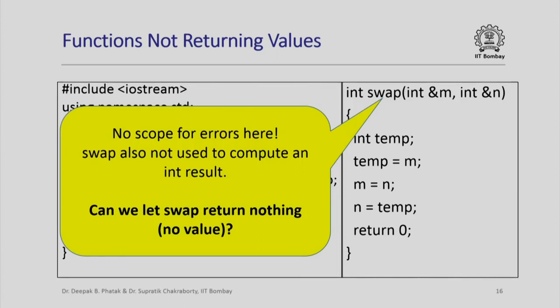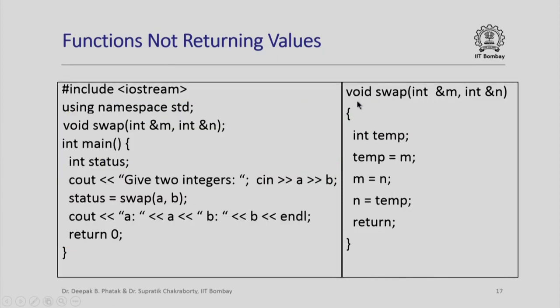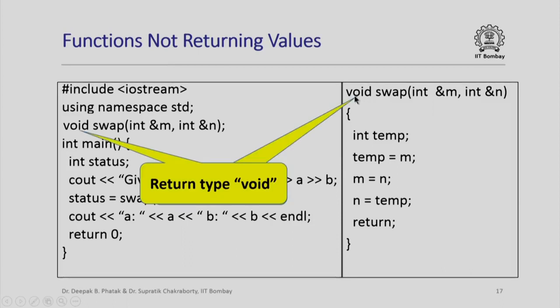Now this is different from the functions we have seen so far. So far all our functions returned some value and had a type, but now we see that really we can have functions for which a return value does not make sense, and in fact C++ allows you to do that. What you have to do is say the type void as the return type of swap, and instead of returning a value you simply return without an argument.